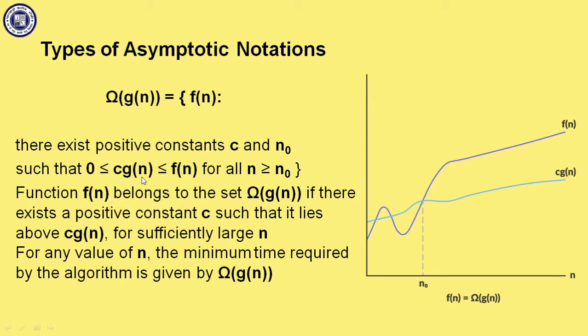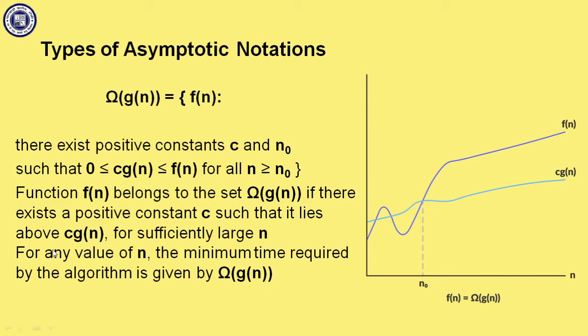g of n, when multiplied by a given constant c, is always greater than 0 and less than or equal to f of n for all values of n which are greater than or equal to the arbitrary closure point, which is n0.